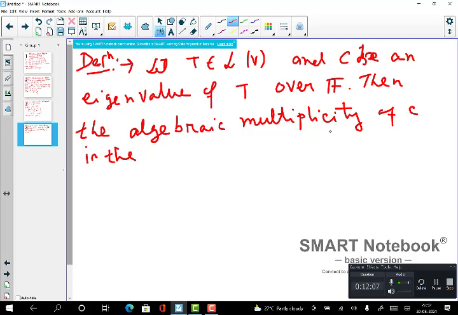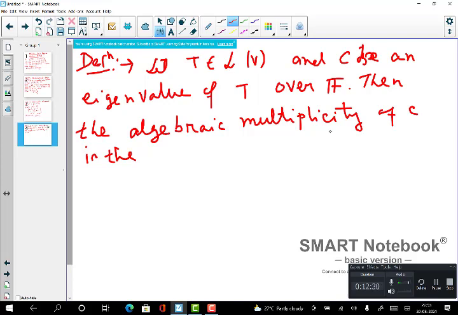So x minus c always divides the characteristic polynomial, right? The question is what is the highest power it divides. There might be more than one repetition, so I just want to know the total number of repetitions of c among the roots of the characteristic polynomial. So what does that mean?